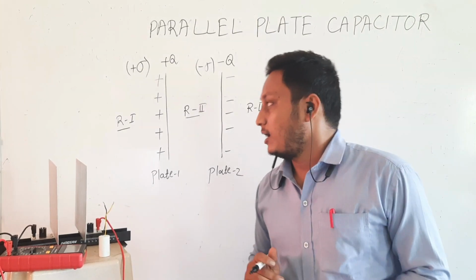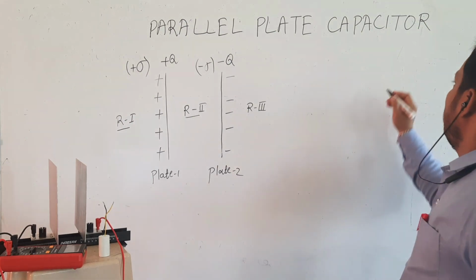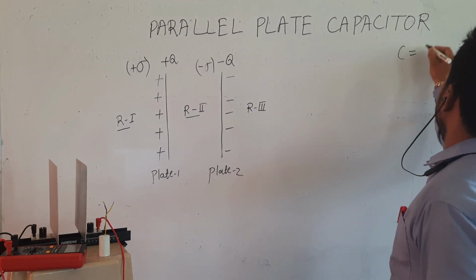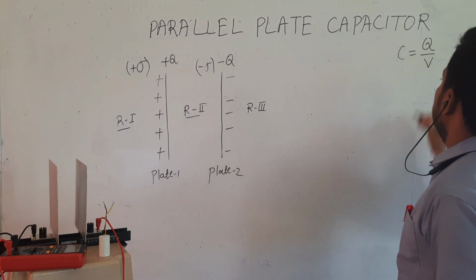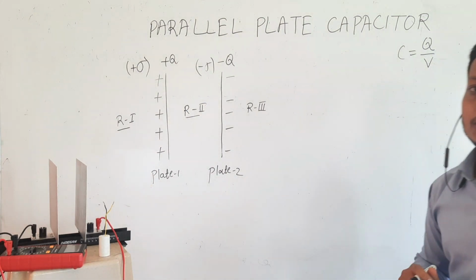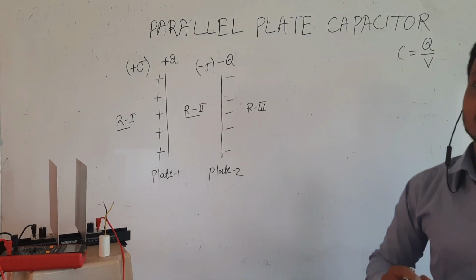So students, as you know, the capacitance of a conductor we can write as C equals Q upon V. That means capacitance equals charge over potential difference.